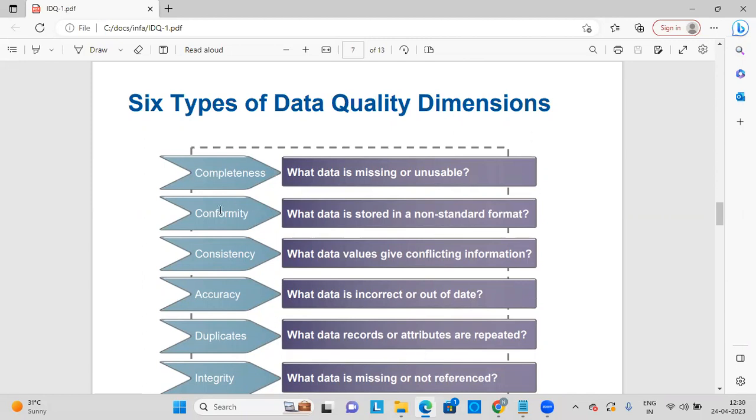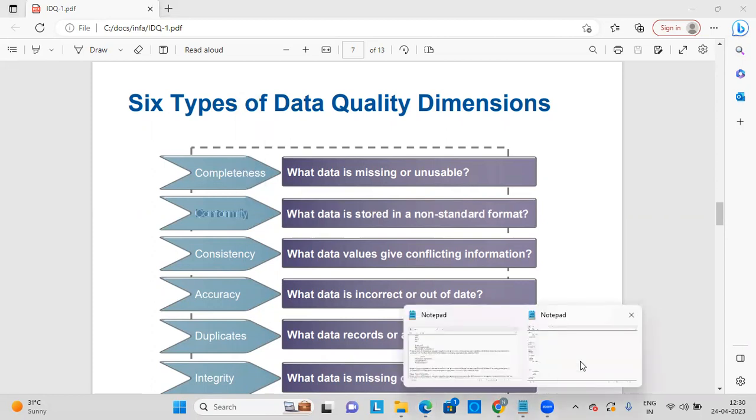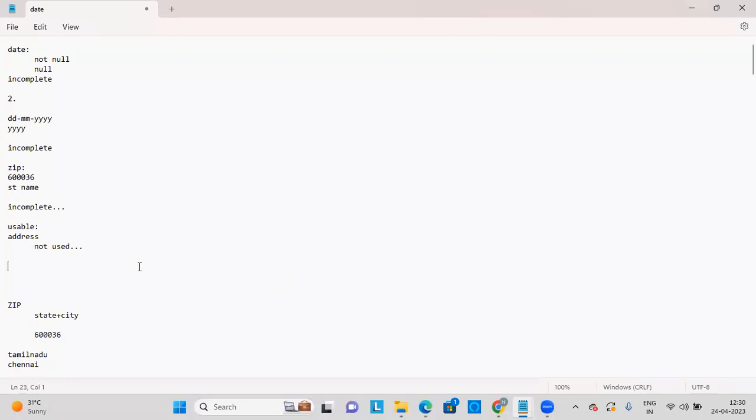So conformity, as the name suggests, is about format. Let us say, I think we talked about it here, right? We expect data in this particular DD, MM, YYYY, but we got MM, DD, YYYY.